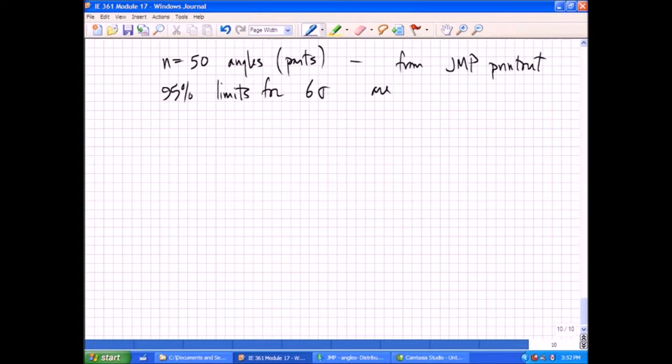Well, I can take this 0.822 degrees lower confidence bound, and I can multiply by 6 and get 4.929 degrees, and I can take the upper confidence limit of 1.226 degrees, multiply by 6, and get 7.536 degrees.